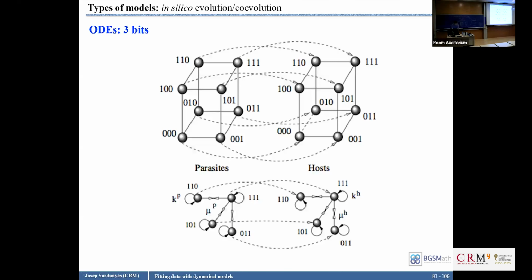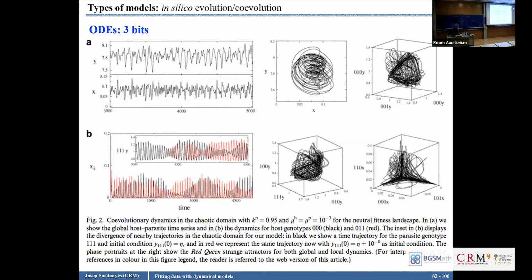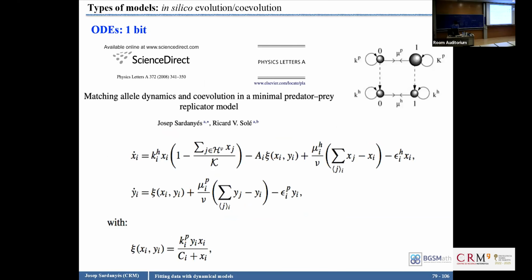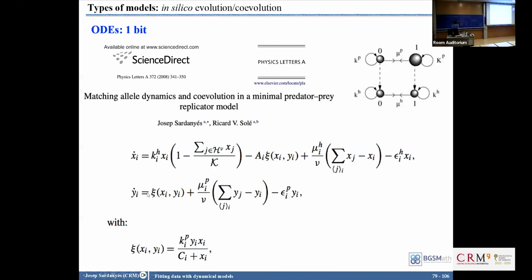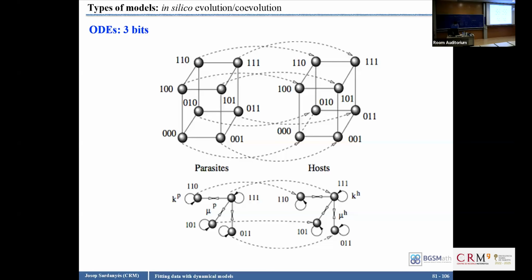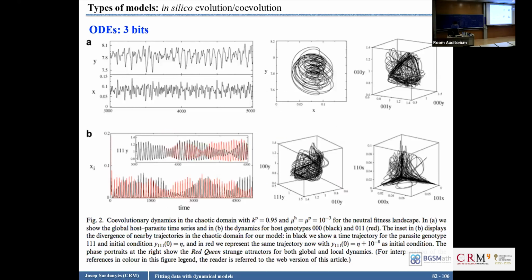What happens when you put in 3 bits? Here it is a little more complicated because we have 16 ordinary differential equations with the same structure, but now I is 8 for X and for Y. If I use the correct numerical method, I will ask Mark later, we observe chaos.